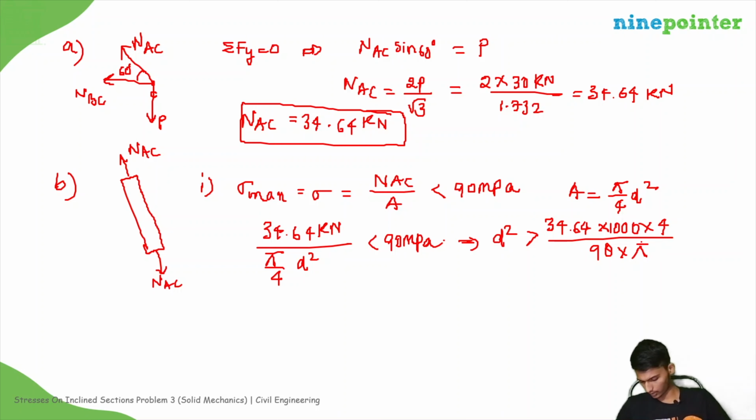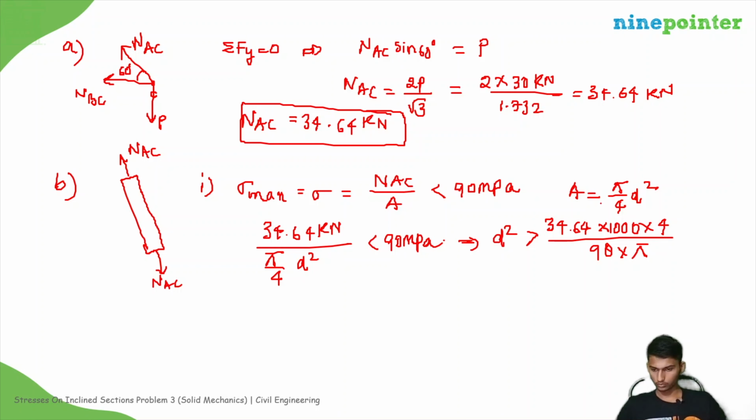Let us calculate this value: 34.64 into 1000 into 4, divided by 90 and divided by pi, 3.14.